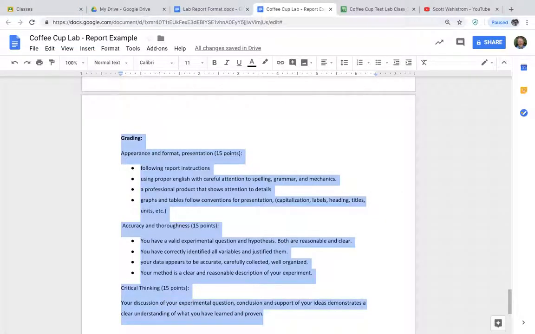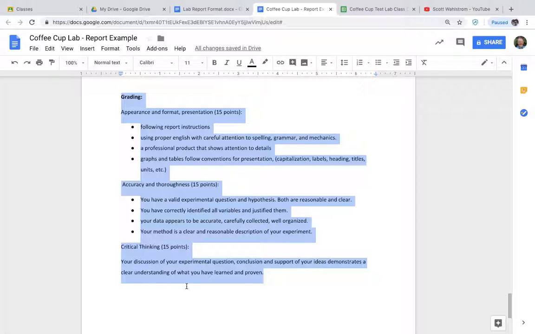Also note down the bottom, I've included some grading, all right? And you should take a look at that. You're going to be graded on following the report instructions, using correct English with careful attention to spelling, grammar, and mechanics. Always be professional in the way that you make things look, so try to keep the format together.